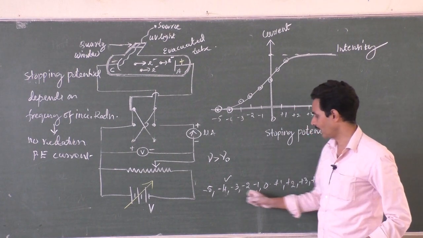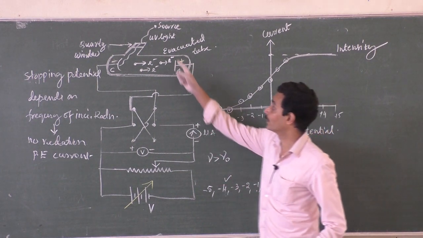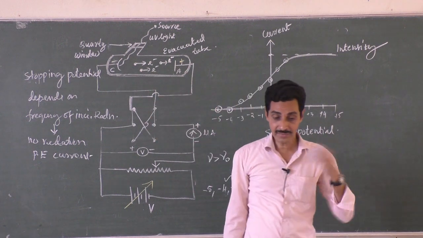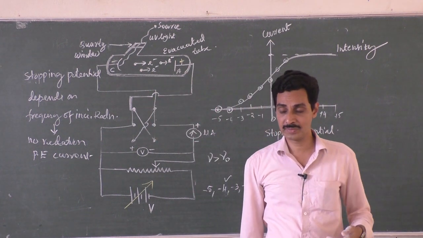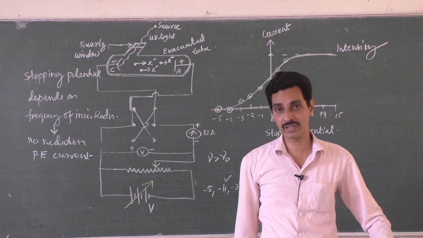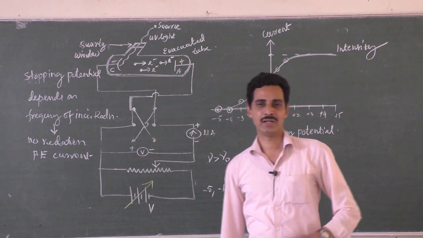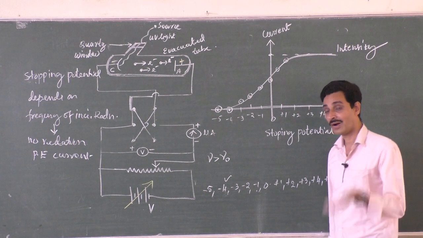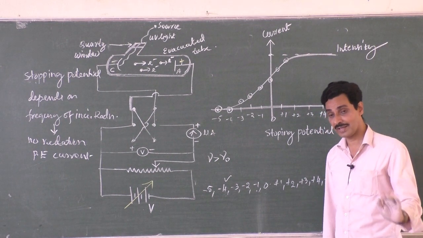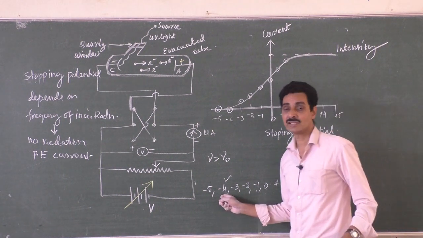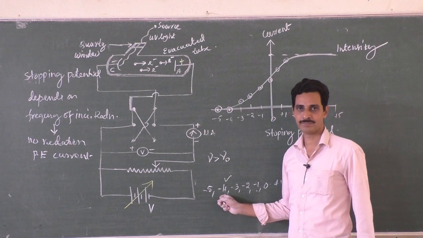So make it minus 4 volt, make the brightness more. When the brightness is more, photons will be falling on the cathode, more electrons will be coming out. Now all those electrons will also have the same kinetic energy, so the same minus 4 volt will be enough to stop them.